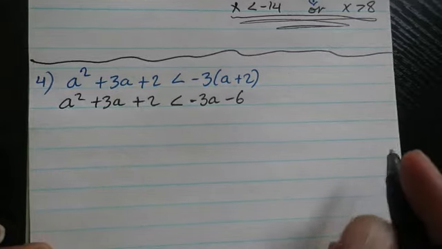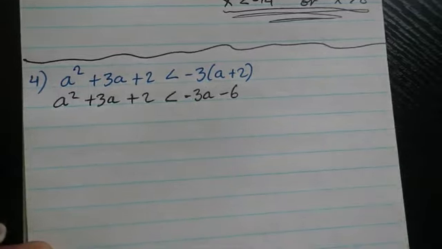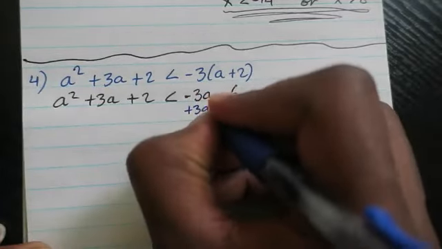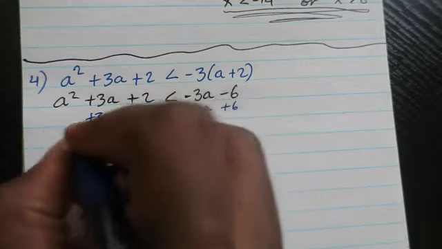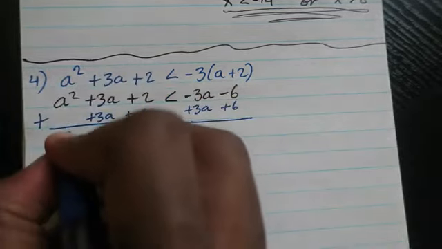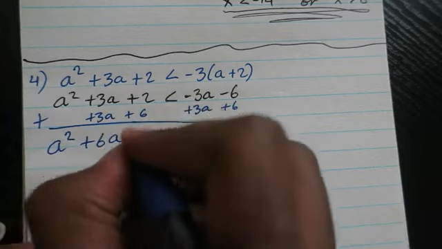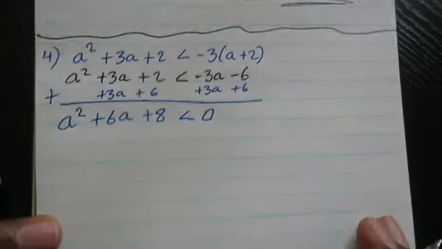Make one side 0, so I'll make this 0. That is, shift them all over to this other side. Plus 3a plus 6, plus 3a plus 6. Add straight down. a squared plus 6a plus 8 is less than 0.